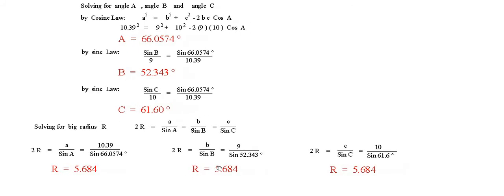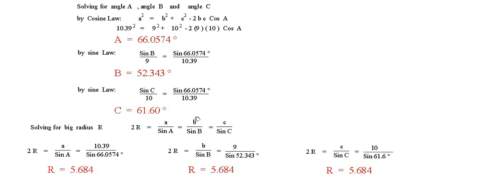Then also, if you solve the other way using this, 2r is equal to b over sine B. B is 9, sine of 52.343. Okay, then r is 5.684, same as this one, no conflict.